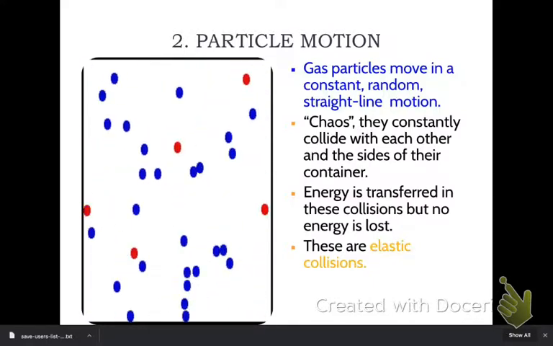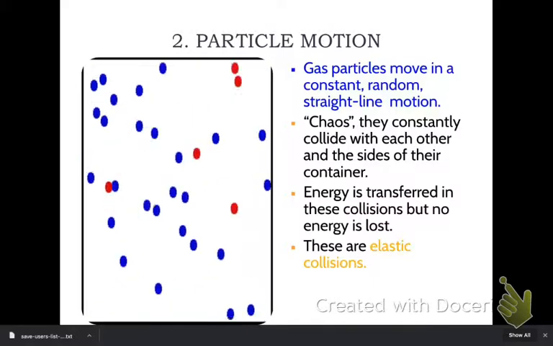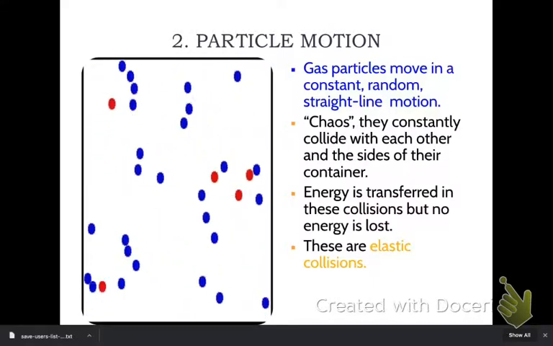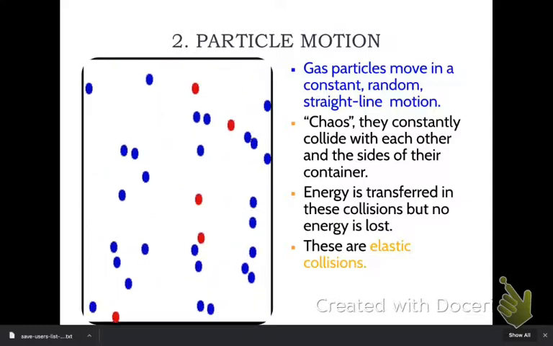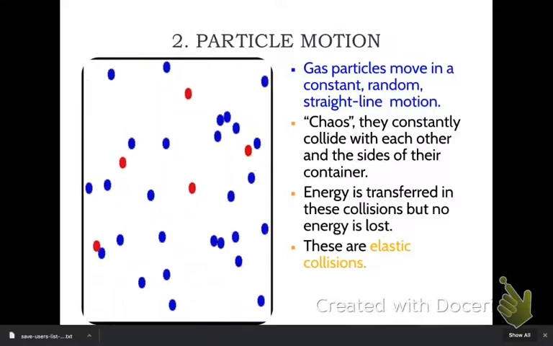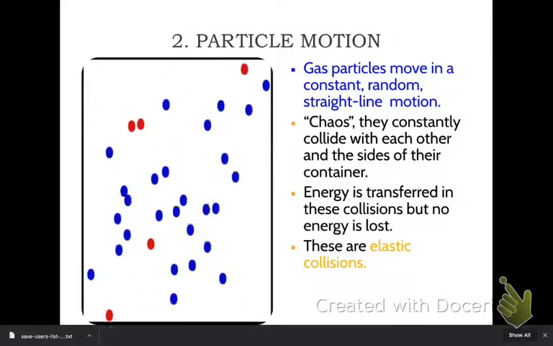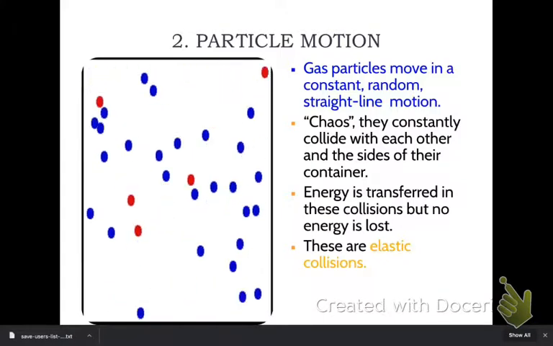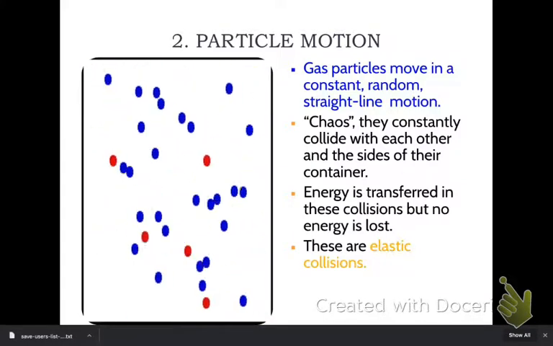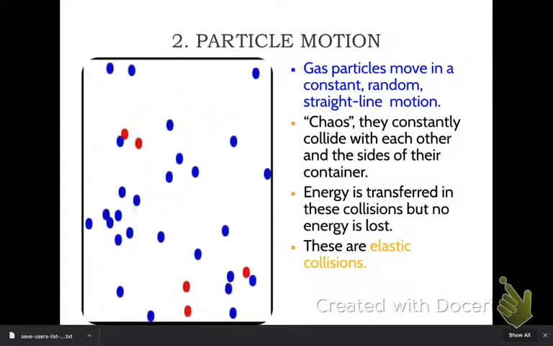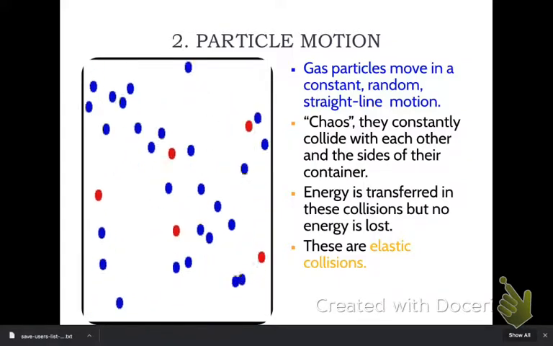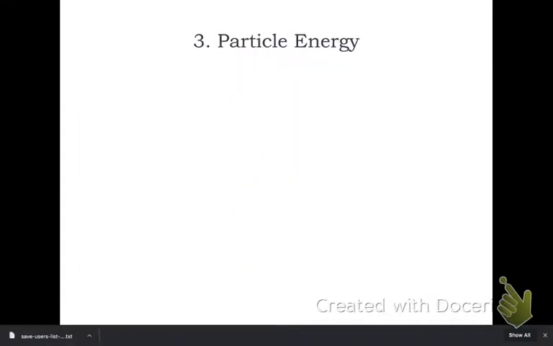We know they don't lose energy, because if they lost their kinetic energy, they would slow down, and if they slowed down enough, they would turn into a liquid, and they're not doing that. So we assume they transfer energy, but as a sample, no energy is lost.